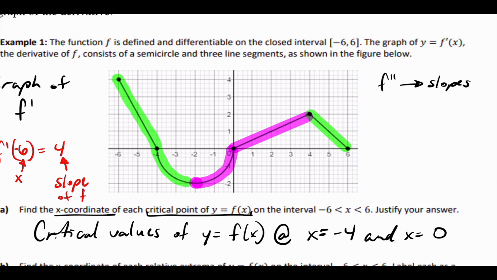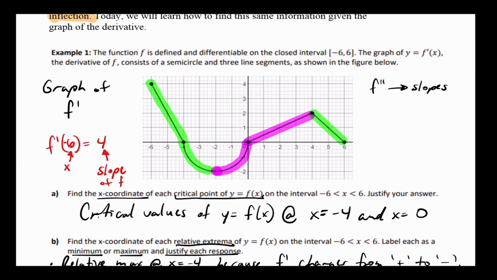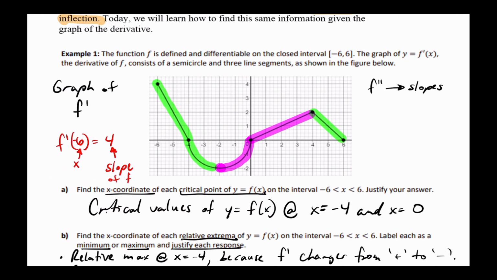So where it's green is where it's going to be concave down because the slope is negative, right? When it's purple, it's going to be where it's concave up because the slope is positive. Okay, so let's go write that down. That's not going to be our justification though. That's just going to help us find the answer.